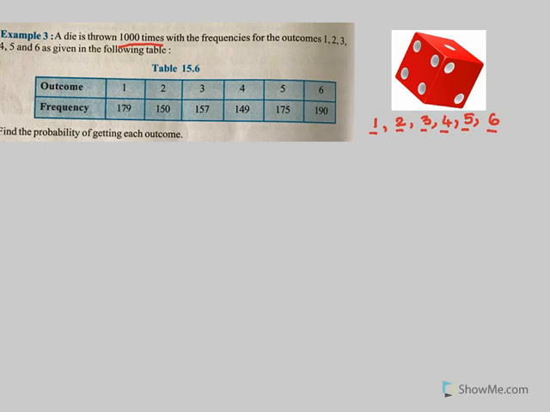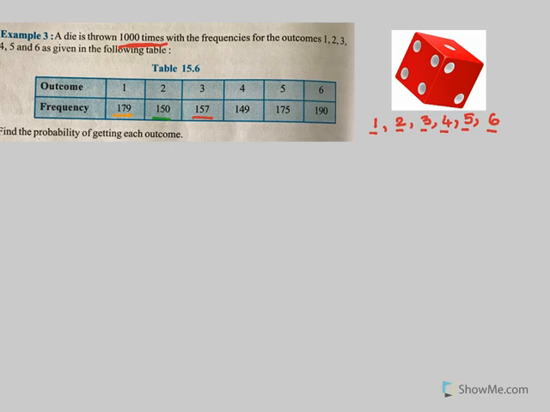So here they have thrown the dice not just once, they have thrown it 1000 times. And when they threw it 1000 times, the number 1 came 179 times. The number 2 came 150 times. The number 3 came 157 times.